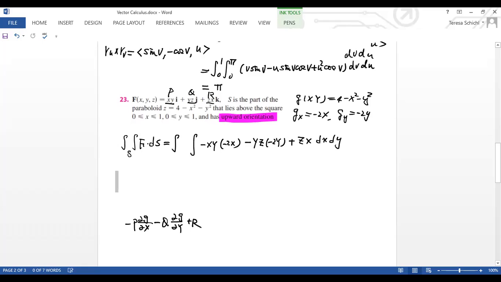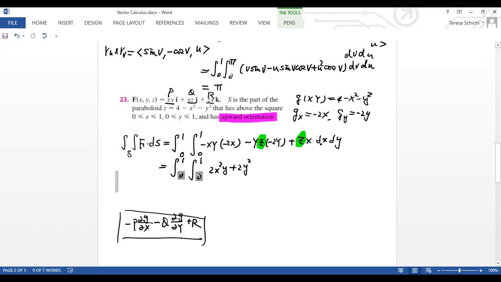Here we need to be careful because I only have x and y, but I have a z here, so I need to replace the z. If you do dx dy, this is 0 to 1, 0 to 1. This is the method 2 formula. Negative times negative, so it's 2x squared y, and this is plus 2y squared, z.